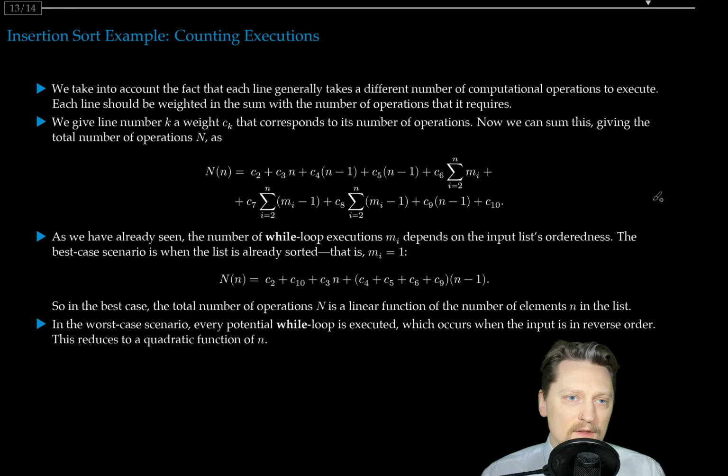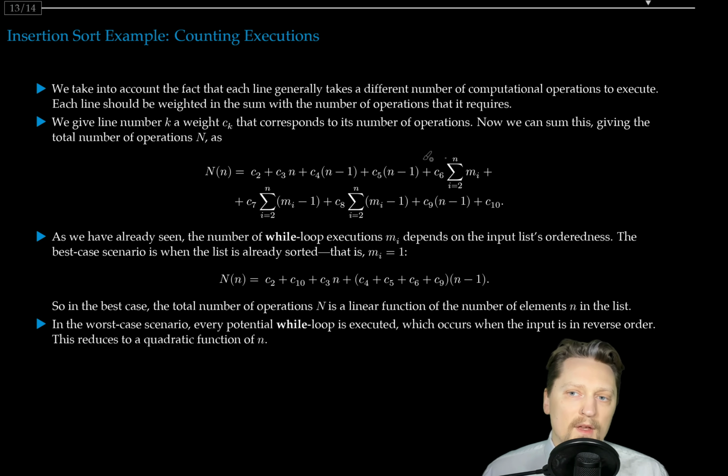Counting executions. We take into account the fact that each line generally takes a different number of computational operations to execute. Each line should be weighted in the sum with the number of operations that it requires. We give line number k a weight ck that corresponds to its number of operations.